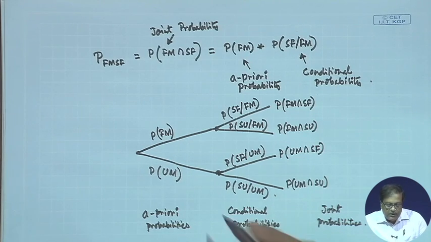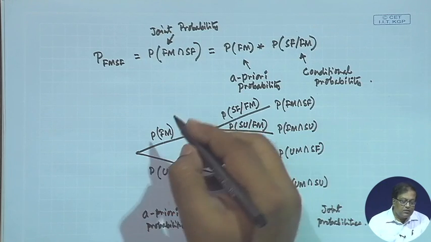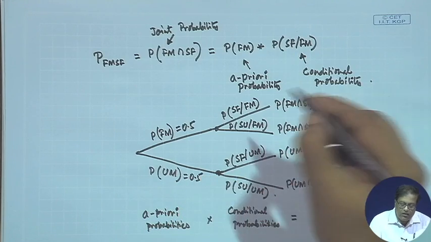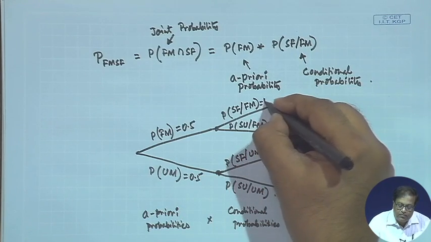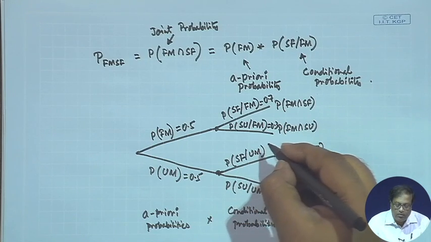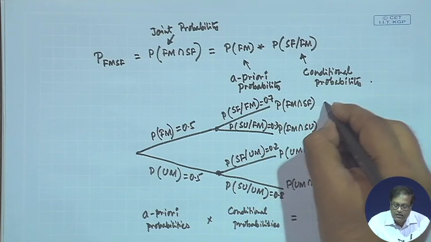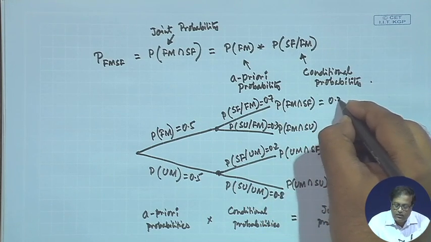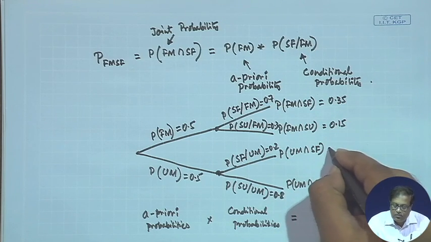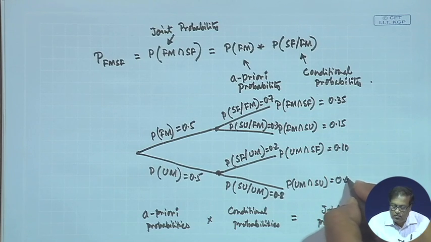So, a priori probabilities multiplied by conditional probabilities equal the joint probabilities. So, once again this was 0.5, this was 0.5, these values are 0.7, 0.3, 0.2 and 0.8. So, when you multiply, we got 0.35, 0.15, 0.10 and 0.40.